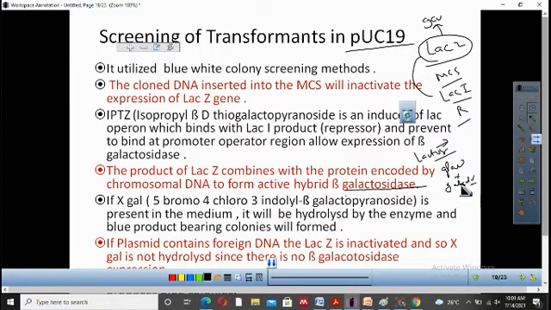And you also know that this lacI is inactivated in the presence of the inducer molecule, which is lactose or allolactose. So let us see how the concept of the lac operon can be used in order to screen out the transformants and the non-transformants.